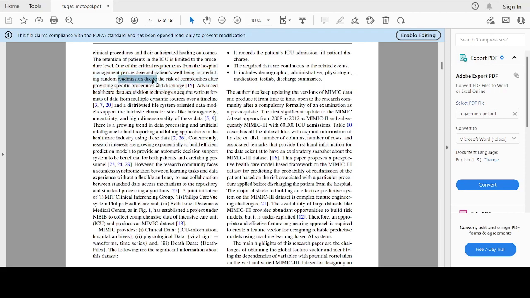Basically, from my understanding, readmission can sometimes cost quite a lot.